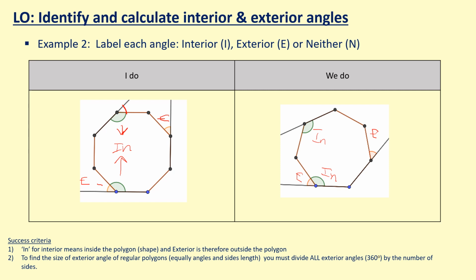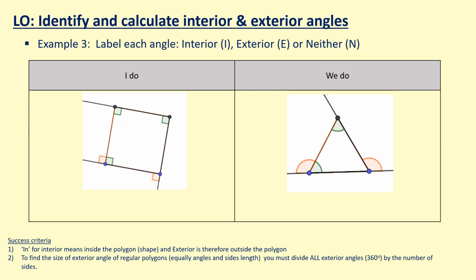Here are your answers. Well done if you got those. Pause the video just to check those. Now as you can see we've got some different shapes, but that's nothing alarming, nothing to worry about. It's a similar principle, it's just the shape's different, the polygon's different.